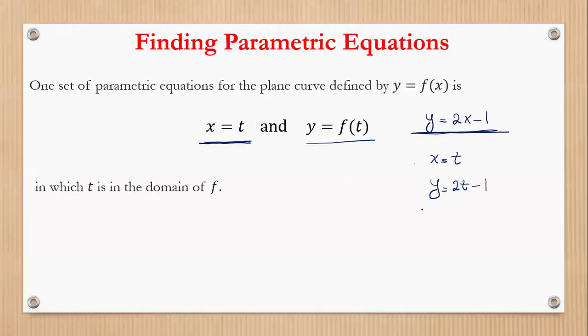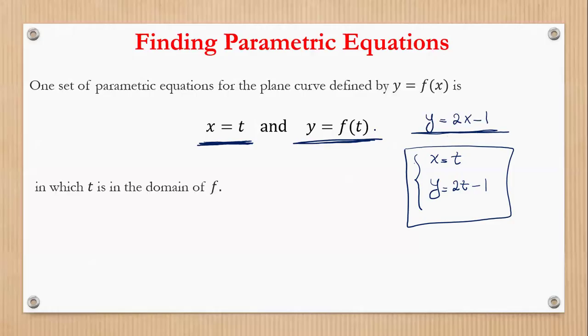Now you have two equations, and these two are the parametric equations that are equivalent to that equation. So we assume that the first equation is x equals t, replace x by t in the second equation, and we get another equation based on t for y, based on the rectangular equation.